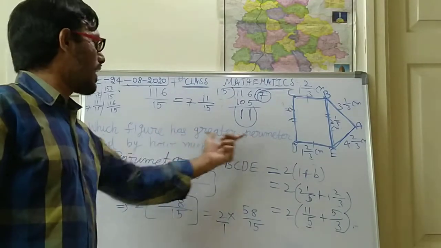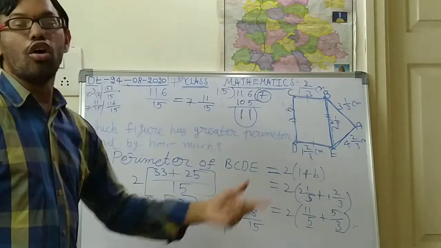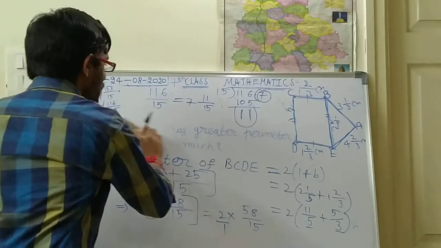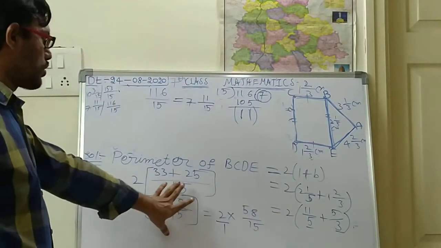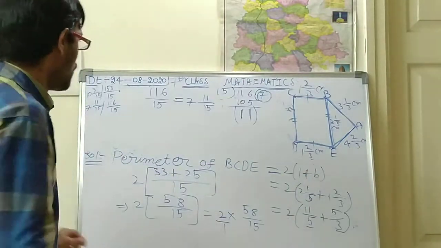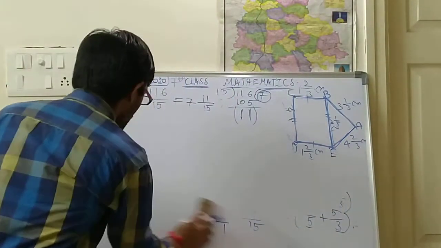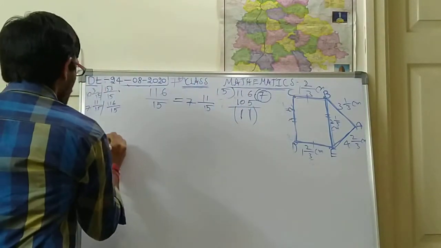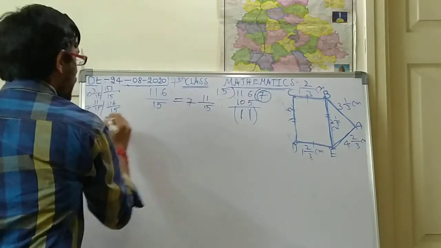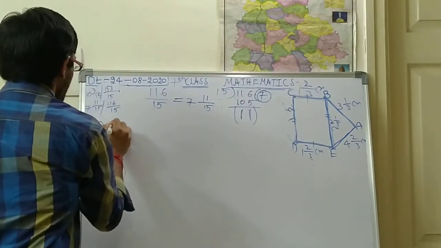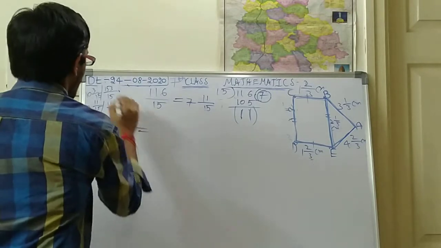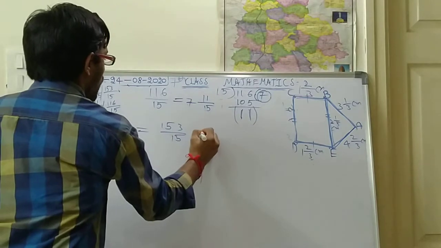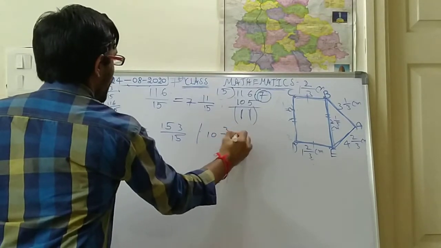Here, what is the next question? Which figure has the greatest perimeter, and by how much, he is asking. I think you have understood the perimeter of BCDE. So which perimeter is the greatest number? The perimeter of triangle ABE is 153 by 15 or 10 3 by 15.